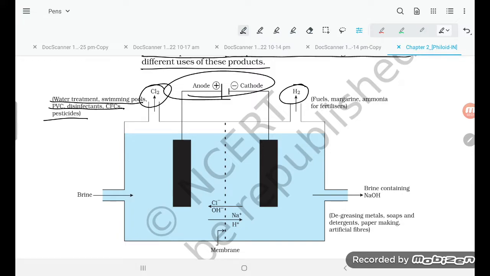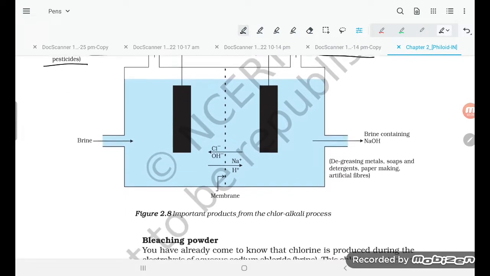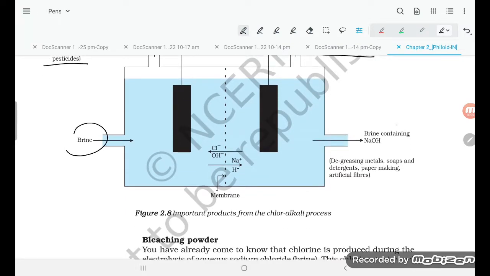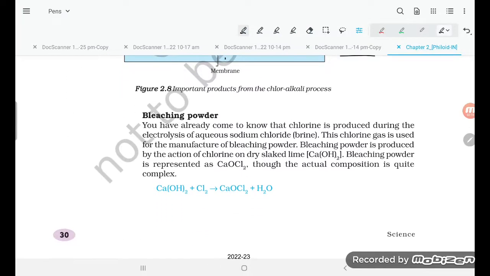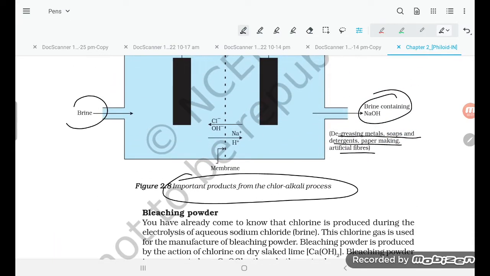Fuel, margarine, ammonia for fertilizers, brine, degreasing metal, soap and detergent, paper making, artificial fiber. Important products from the chlor-alkali process. This is the process.